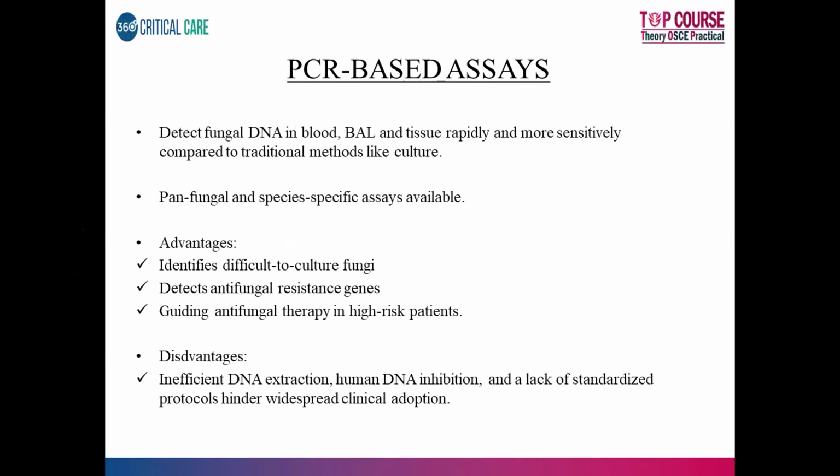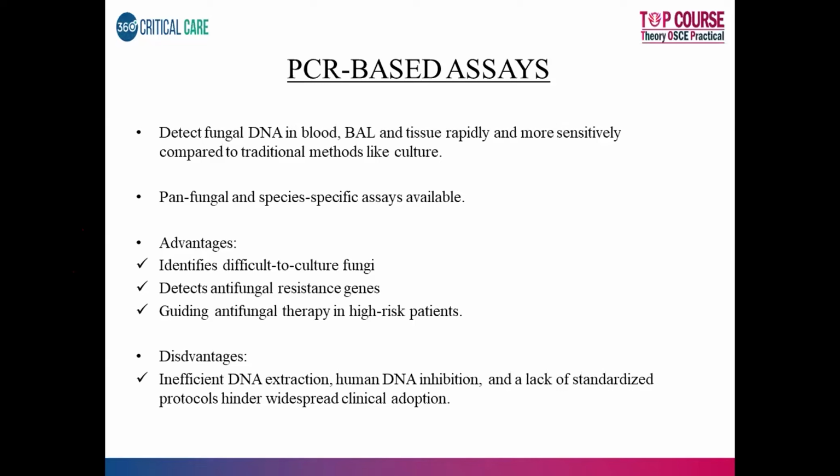Now next come your PCR-based assays. Usually these PCR-based assays detect fungal DNA in blood, BAL and tissue rapidly and more sensitively compared to traditional methods like cultures. You have two types, pan-fungal assays and species-specific assays.